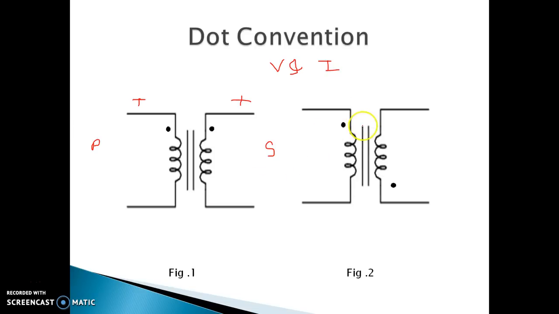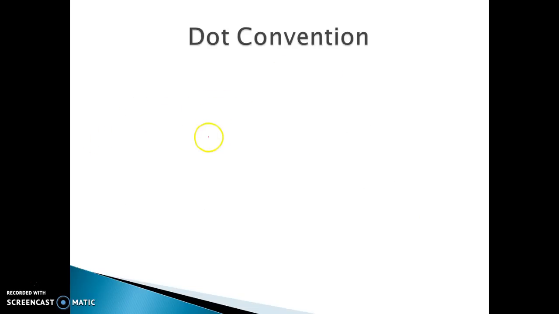In the same way, in the second diagram, if the primary voltage is positive at the dotted end with respect to the unmarked end, then the secondary voltage will be positive at the dotted end with respect to the undotted end. In both diagrams, the dot represents the direction of voltage or the polarity of the voltage.